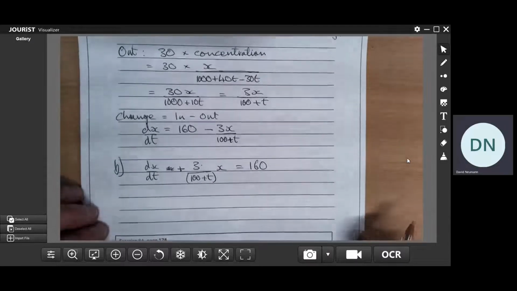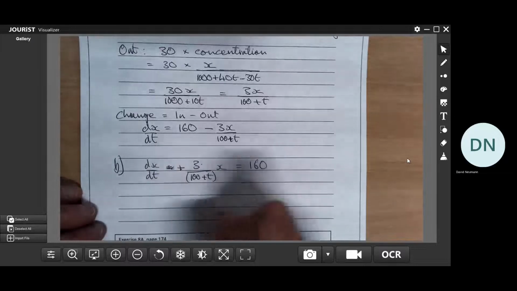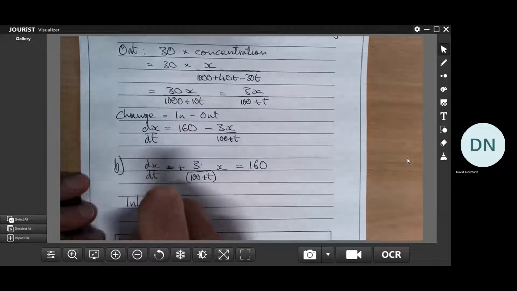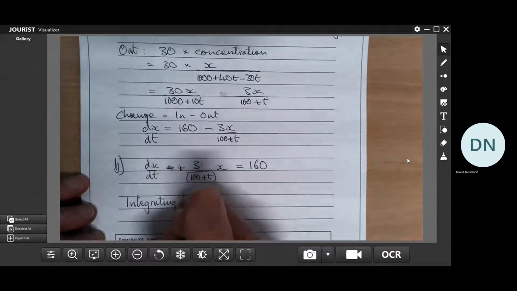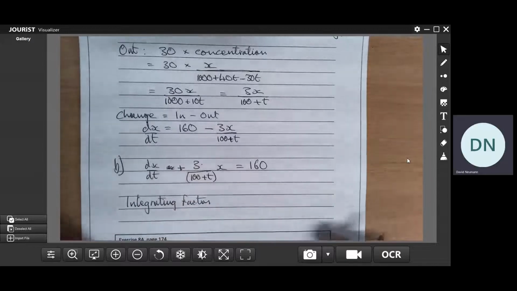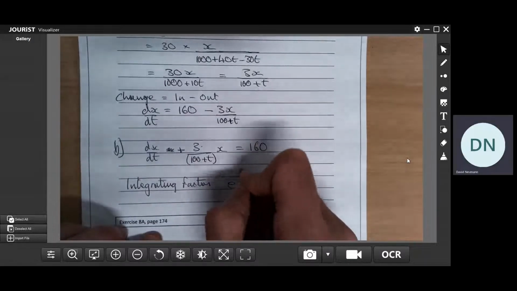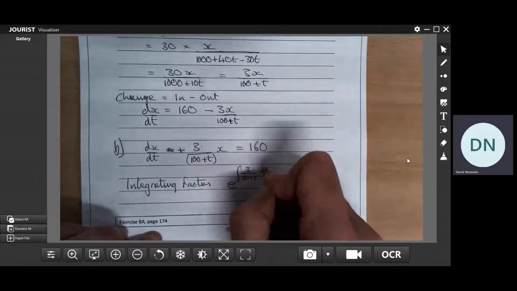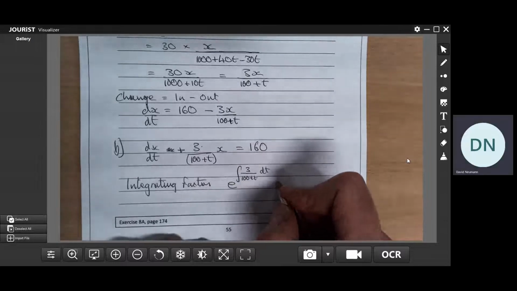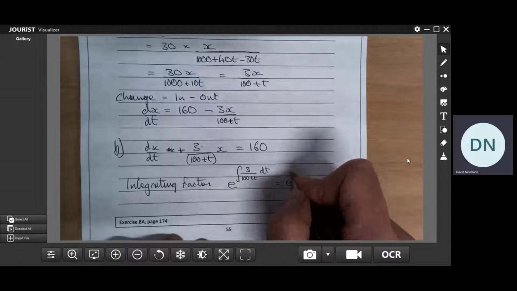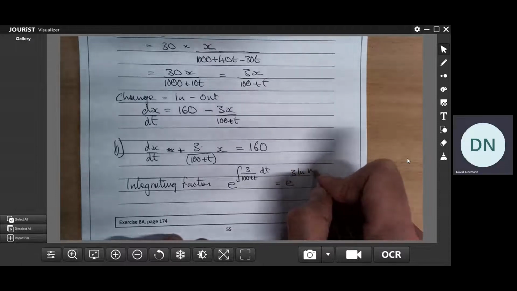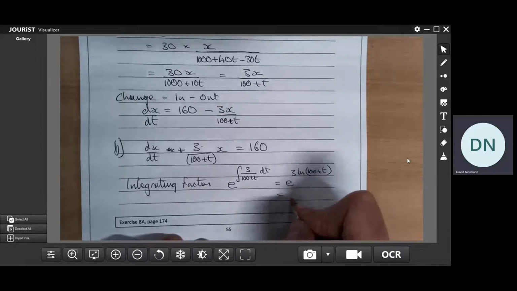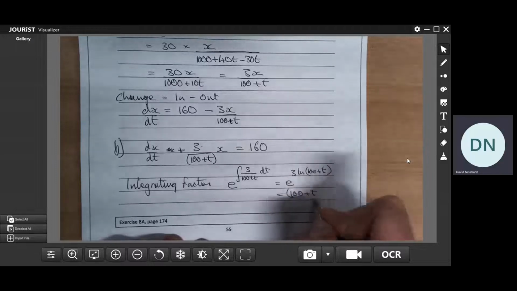And we're going to find an integrating factor, that is e to the integral of 3 over 100 plus t dt. If we integrate that, we get e to the 3 ln of 100 plus t, which is 100 plus t cubed.